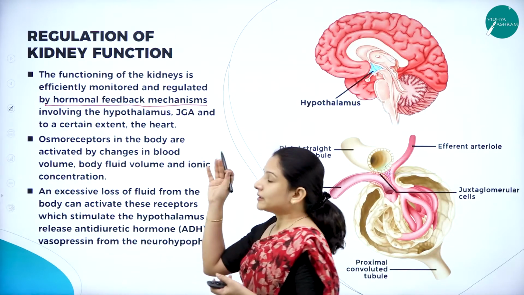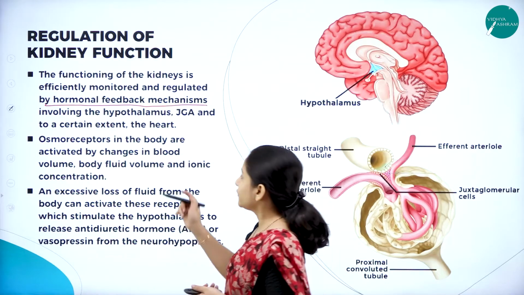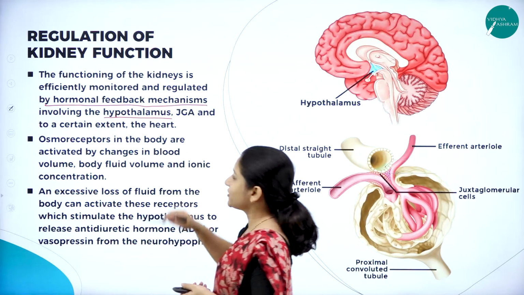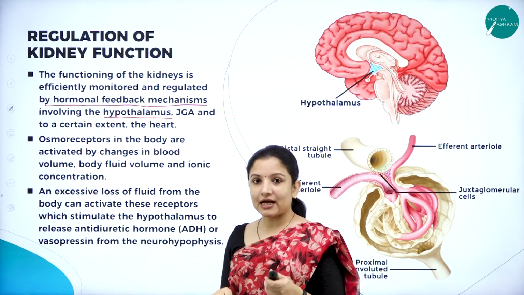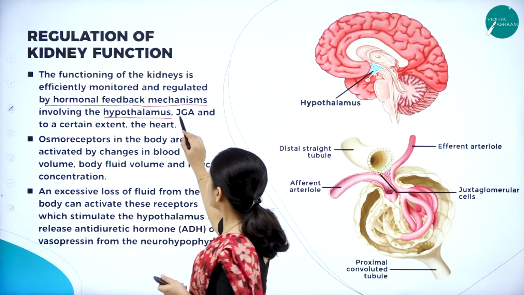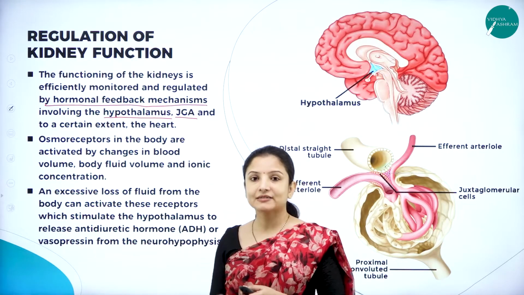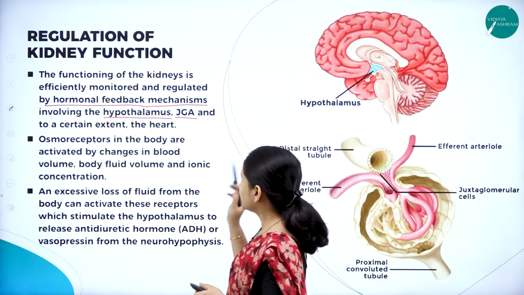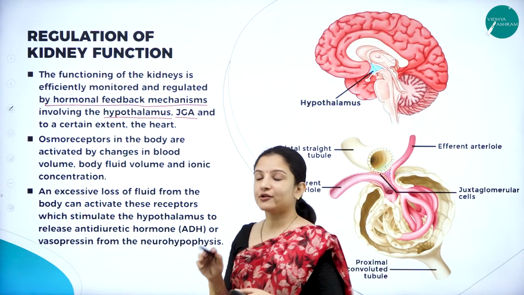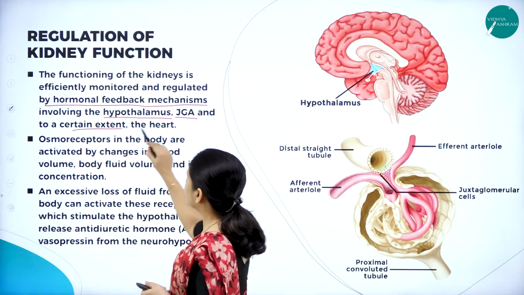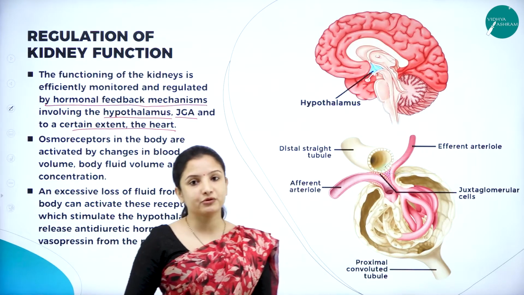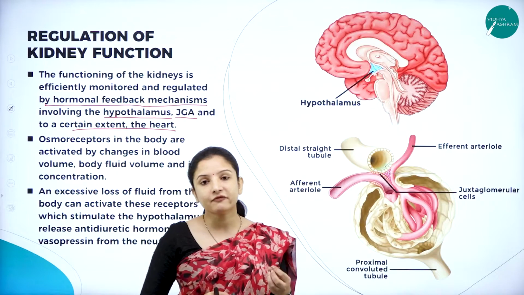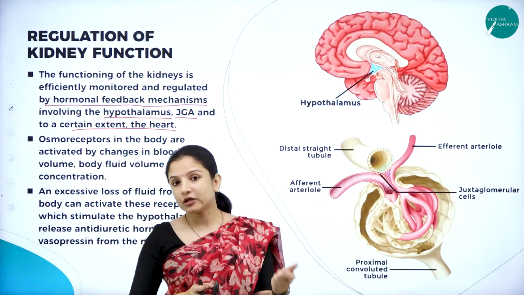Here, these hormones are actually produced by the hypothalamus region of the brain. Not just that, in the kidney also, the juxtaglomerular apparatus produces these hormones, and to a certain extent, the heart also helps in producing the hormone or regulating the functioning of the kidney. So what did we understand?